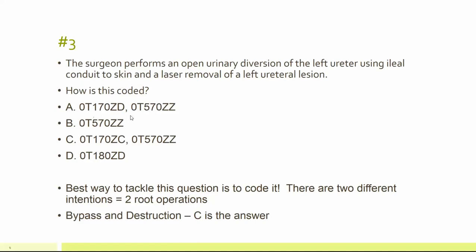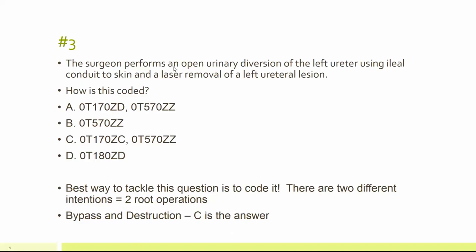But if you want to go the other way, you're going to have to look at the 0T1 table and the 0T5 table. Make sure those are your options. They have to be to some degree. Make sure you want to use the 0T5 table. And then check your codes, making sure all the character values correspond to the information given. And when you do that, you figure out that the best answer is C.